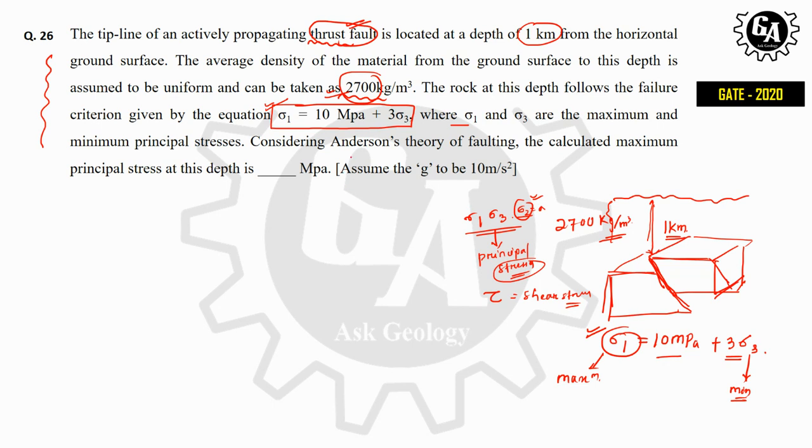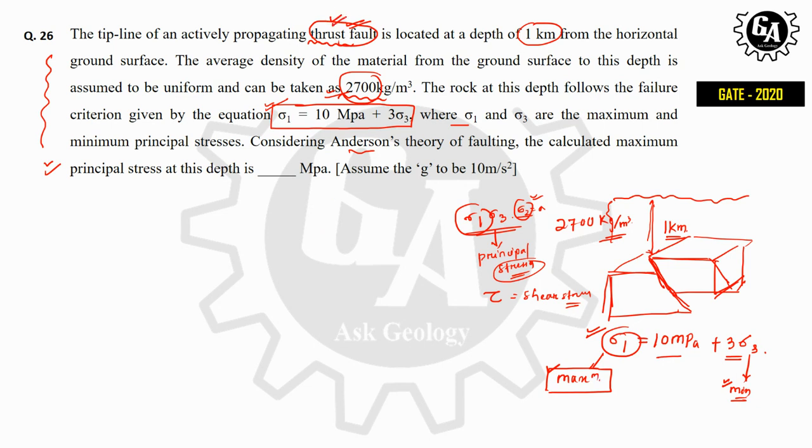Now he is asking, considering Anderson theory of faulting, the calculated maximum principal stress at this depth. Sigma 1 is the maximum principal stress, sigma 3 is the minimum principal stress. He is asking for the magnitude of the maximum principal stress responsible for the faulting happening below 1 kilometer of depth from the surface of the Earth.